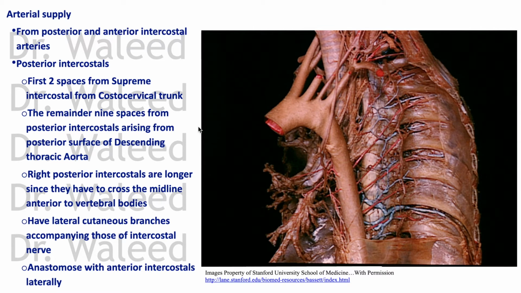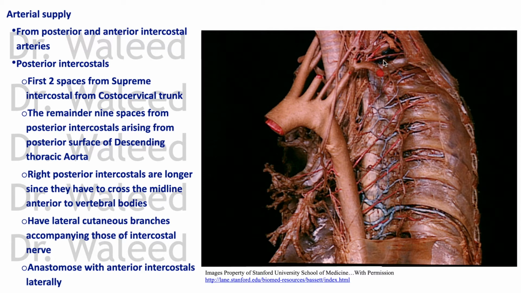For the blood supply of the intercostal spaces, we have a set of posterior intercostal arteries and anterior intercostal arteries of different sources, of course. For the posterior intercostal arteries, the first two spaces are taken up by the branch from the costocervical trunk.